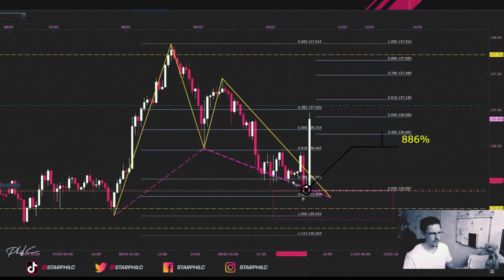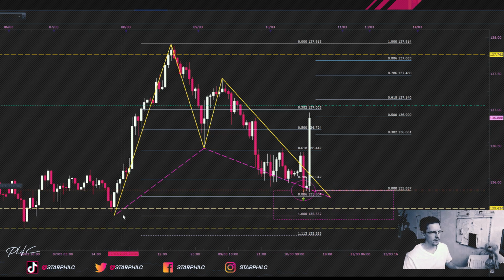So here is our 886 right here in this little circle. Now, as price action hits the 886, this is where my orders were resting. We get involved in the markets, right? So that's our three criteria.